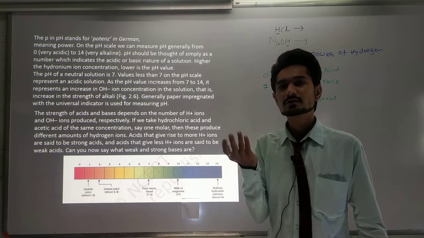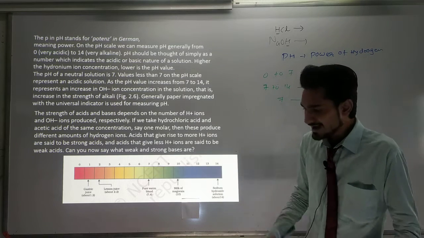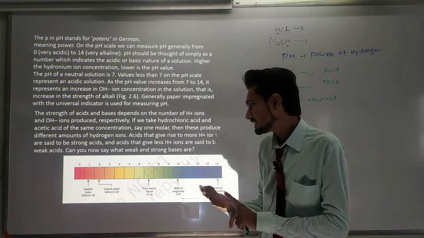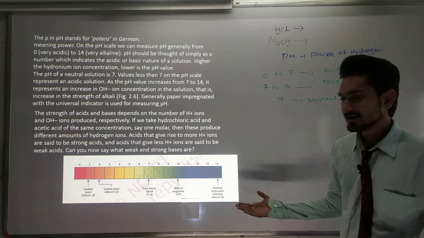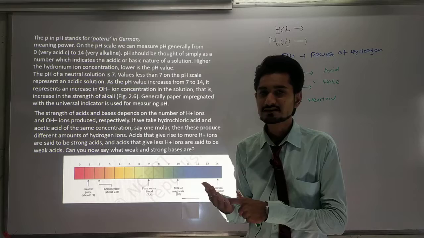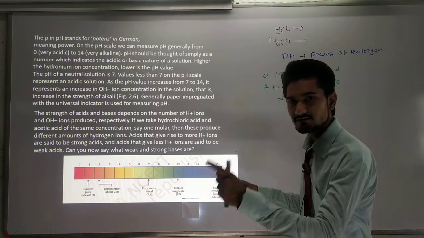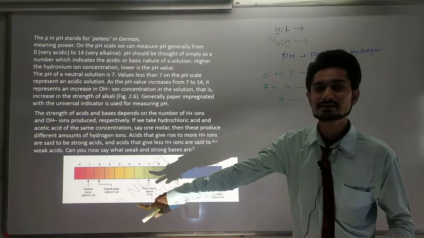On the basis of color, how can I say whether it is an acid or a base? I have to take the color and compare it with this chart, and if a yellow color comes, then I can say that it is an acid, because a value from 0 to 7 is called an acid.